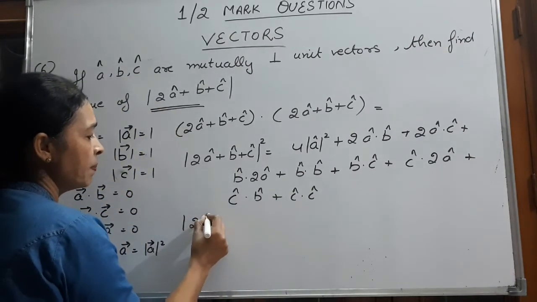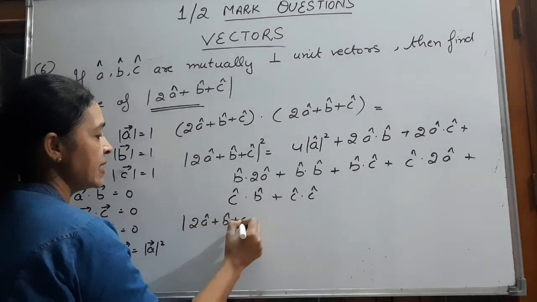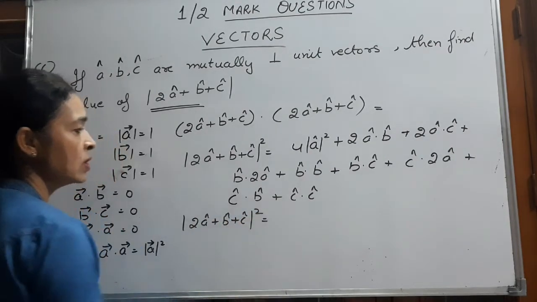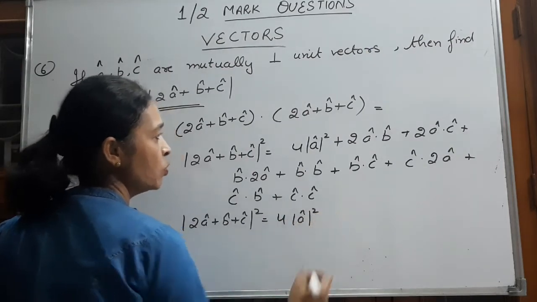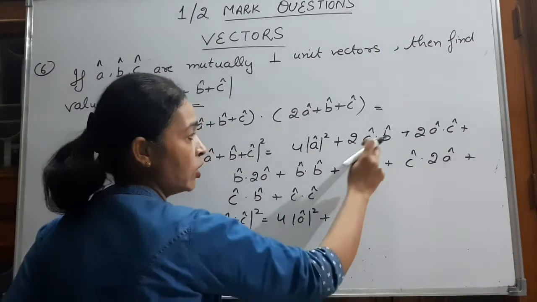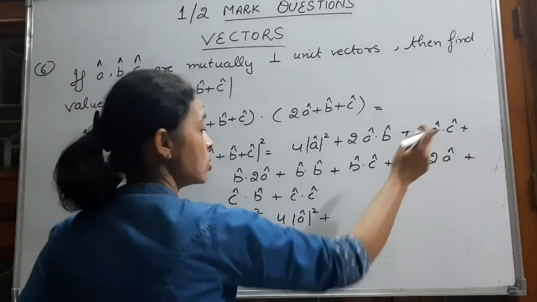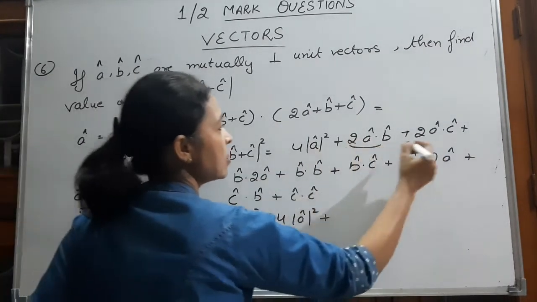We have the magnitude of 2A cap plus B cap plus C cap whole square equals 4 into the magnitude of A cap whole square plus A dot B is 0. This is also 0.